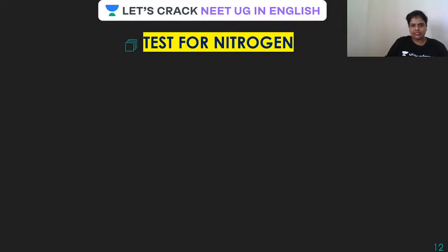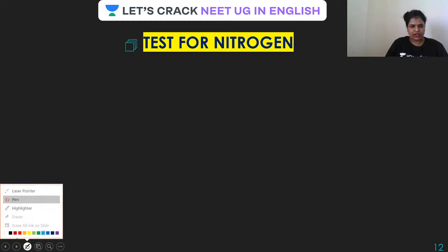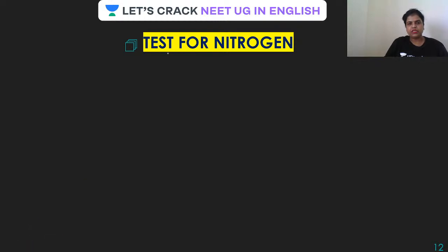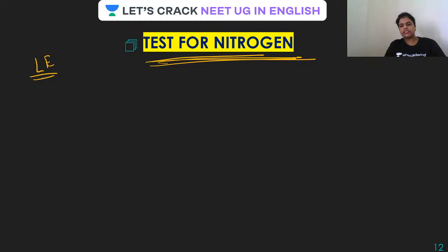Now let us go ahead with the test for nitrogen, guys. The first one is the test for nitrogen. We have got the Lassaigne's extract, LE. Now, all your eyes on the screen, guys. This Lassaigne's extract, if we are looking for nitrogen, should have NaCN.